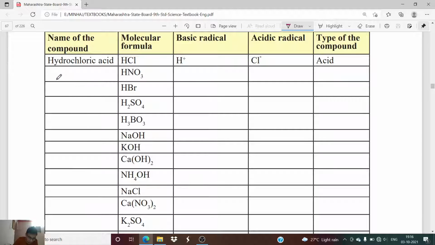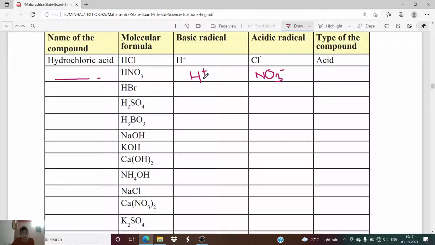Okay, write down the name over here, nitric acid. The basic radical in HNO3 is H plus ion, and the acidic radical is NO3 minus. So NO3 minus is the acidic radical and H plus is the basic radical.